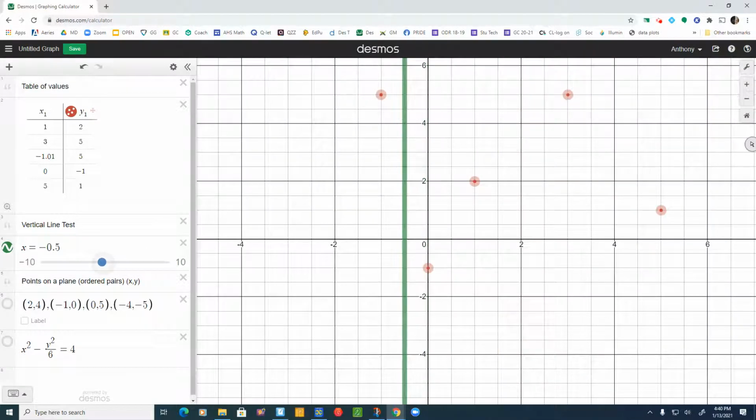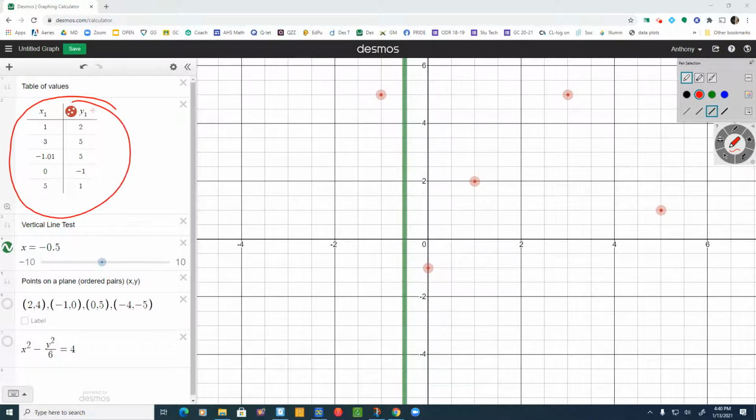Right now, there's nowhere. And I can look up here at my input-output table, and I can see that every input has its own output. Well, I wonder if I can change that.